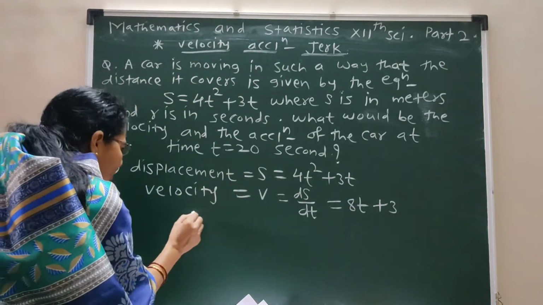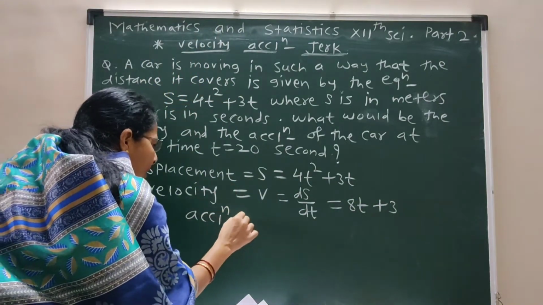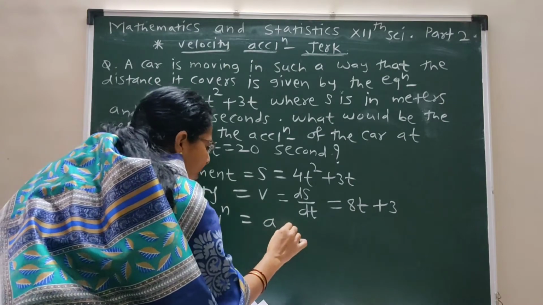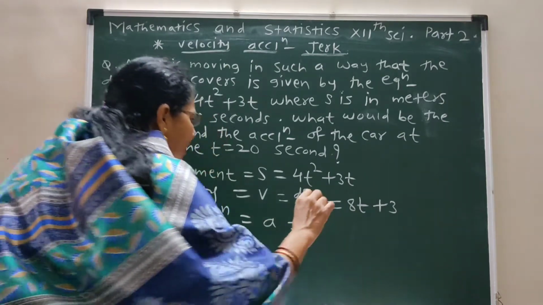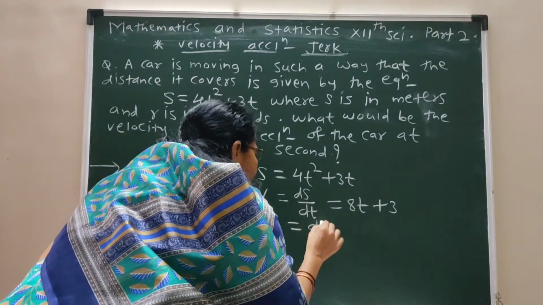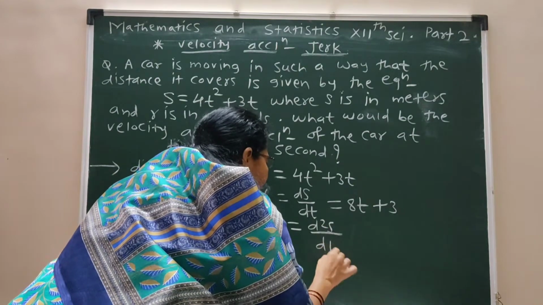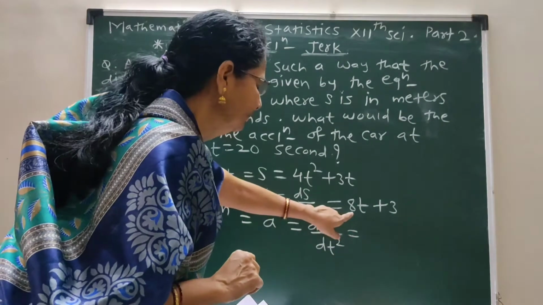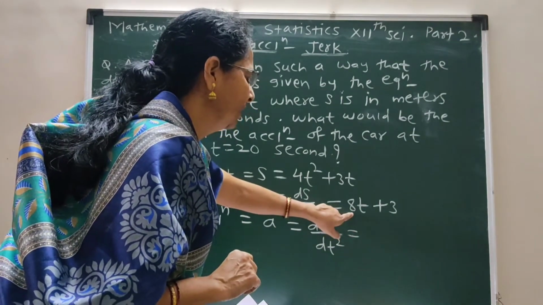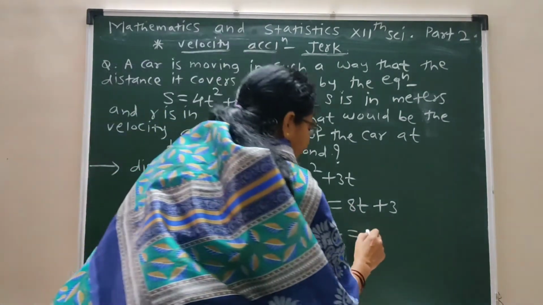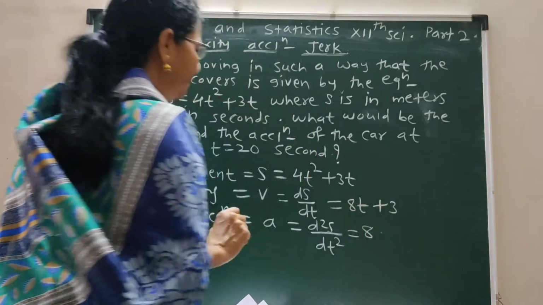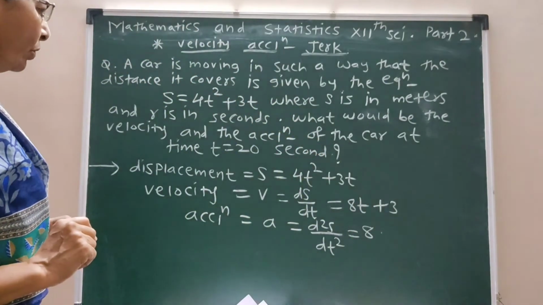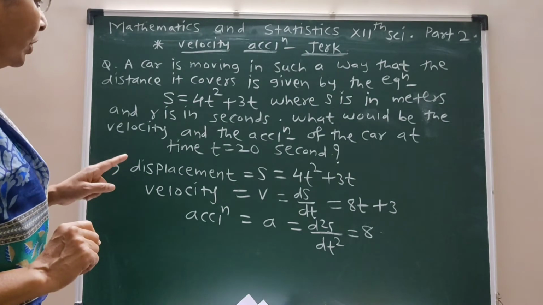Now acceleration a is d2s by dt square. Take the derivative again of this: derivative of 8t is 8. Now these values we have to find at time t equal to 20.